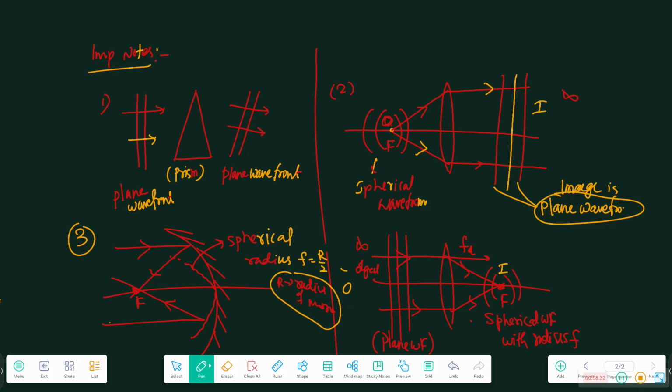Coherent and incoherent sources. There is a printing mistake, you can check that now. So now write the next heading: coherent and incoherent sources. Here you write coherent, here you write incoherent. I'll give you a shortcut idea, try to remember.